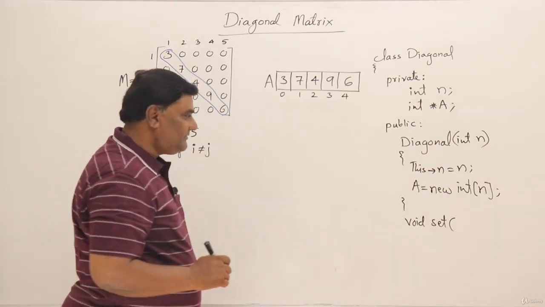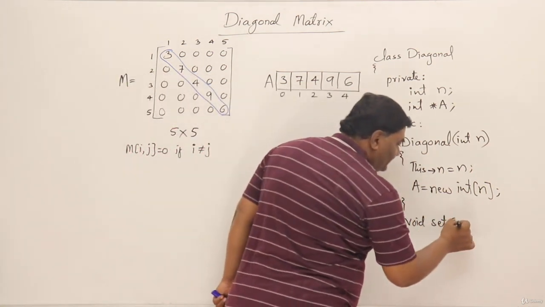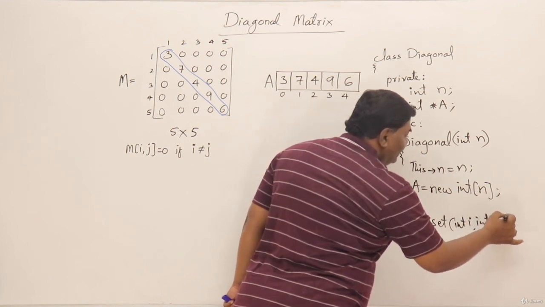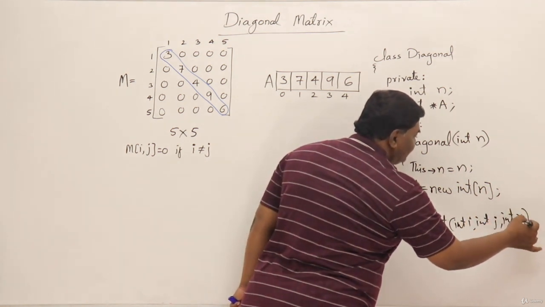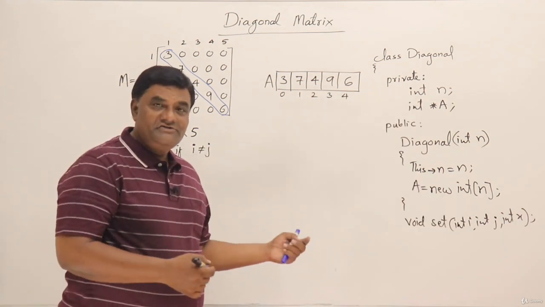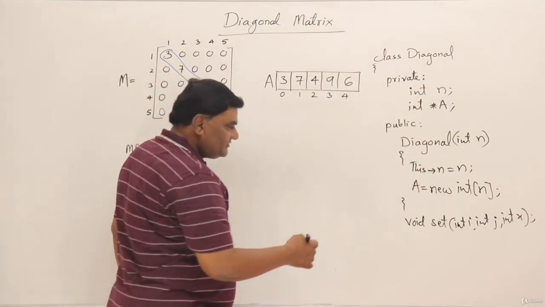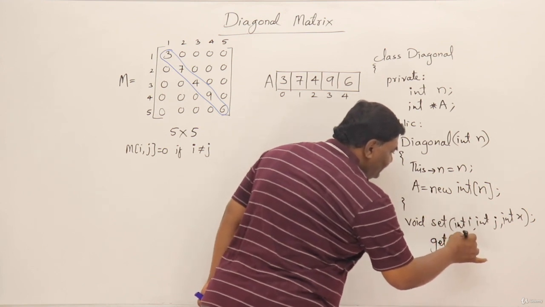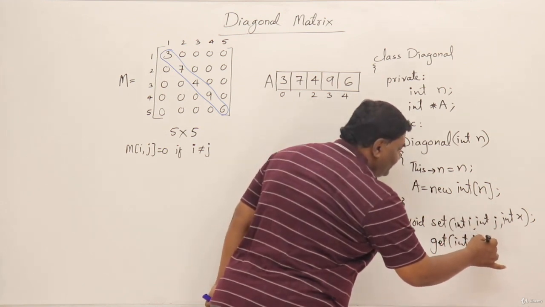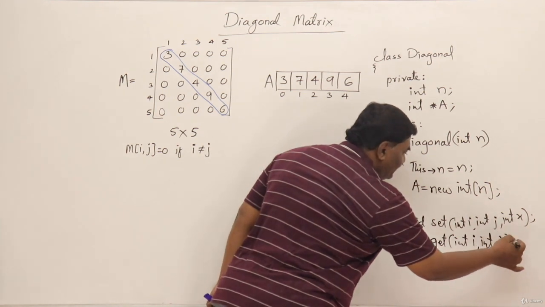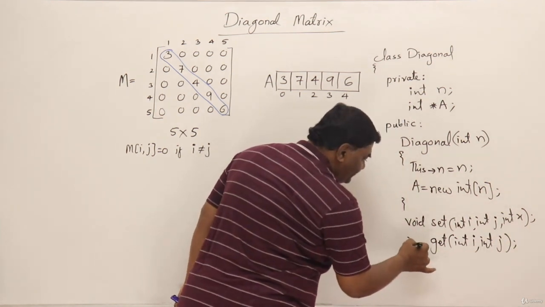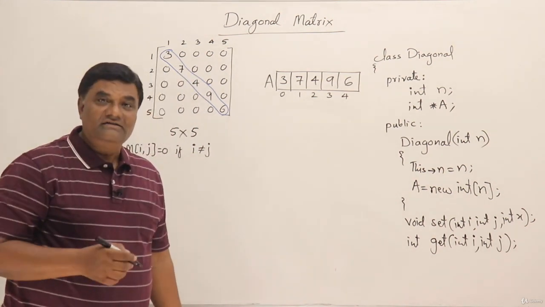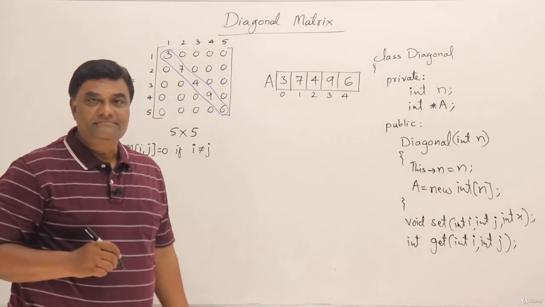So it needs 3 parameters: at which row and at which column, what is the element x that you want to store? Then we need a function for retrieving the data. Let us call it get. It also needs the row number and column number from which you want to retrieve the data, and the return type should be integer because it's going to return the element at that row number and column number.